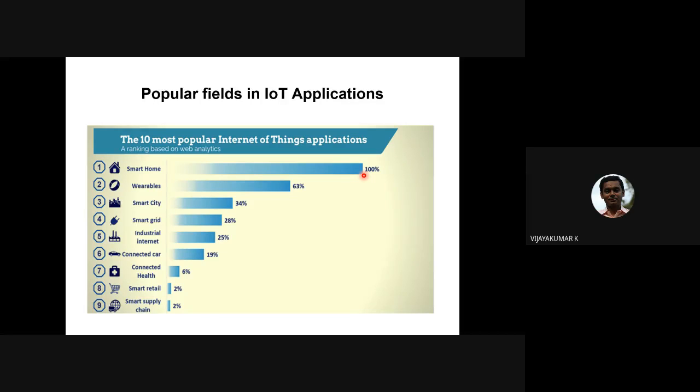You are having the application of IoT in it. So how can we justify this? Any idea, any discussion on it? How can we say IoT plays a major role in making our house automated?